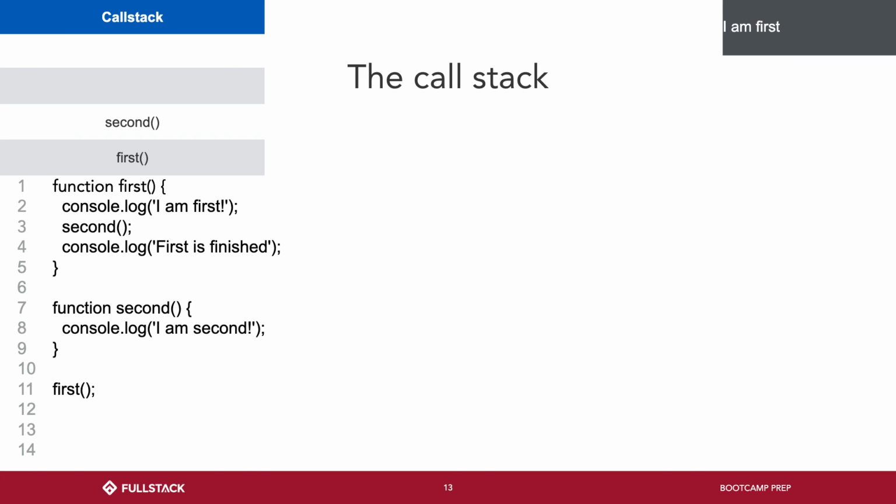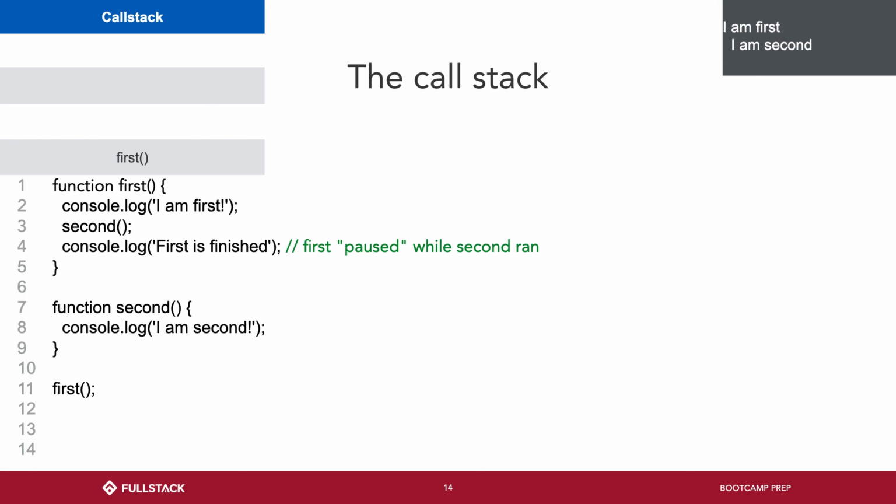Now second goes onto the call stack, and "I am second" happens. First is paused while second ran. Since second is done, it is taken off the call stack. Then first finishes running, and first gets taken off the call stack. Does this make sense? Okay, cool.